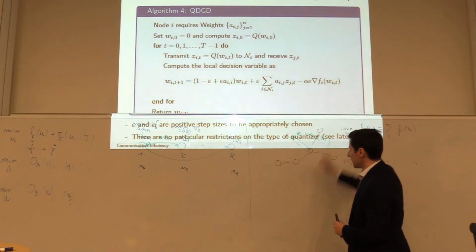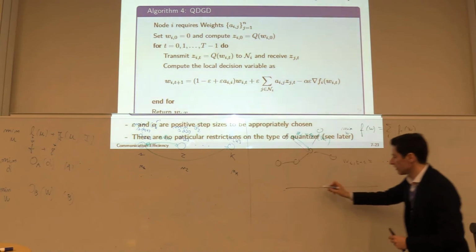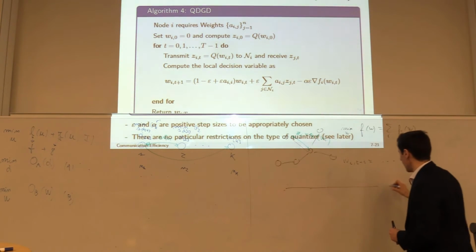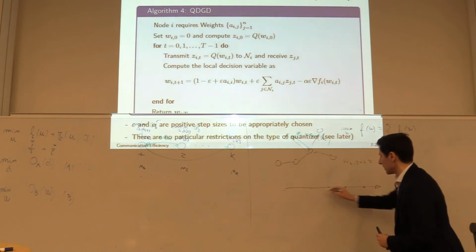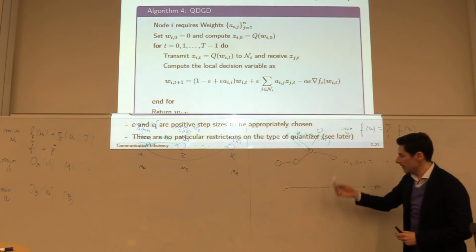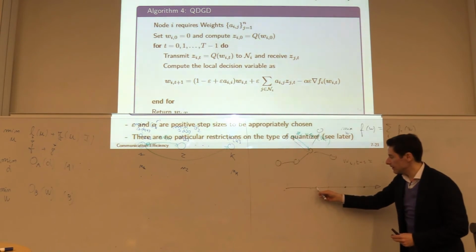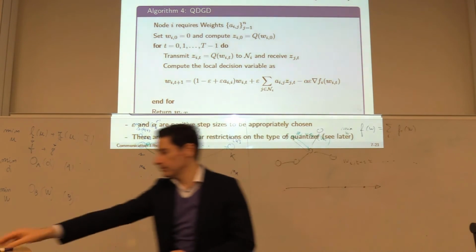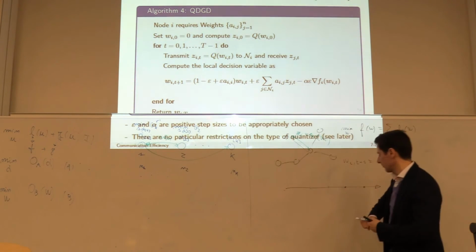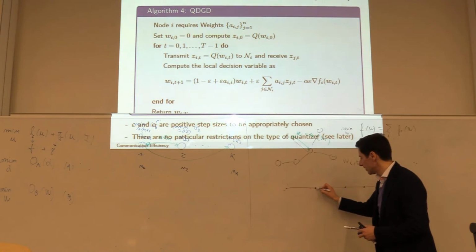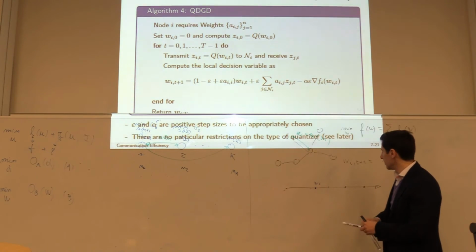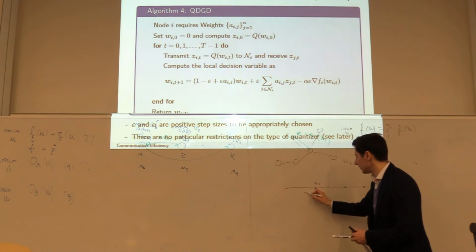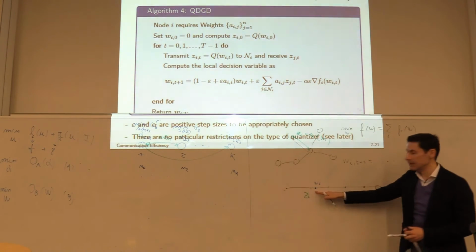Because if this is a continuous axis, and we have certain points that are our quantized values, and say wi is this value, then we could take the closest point, and this will be zi. This is zi, and this is wi.